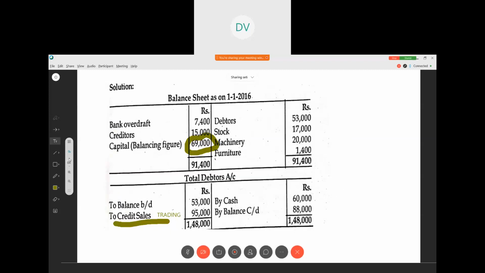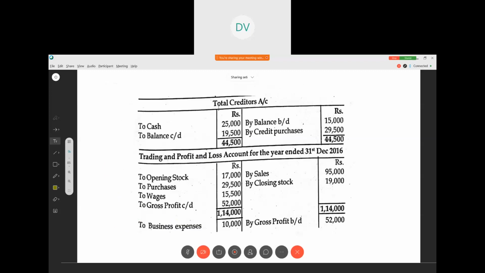So we have prepared opening balance sheet, total debtors, total creditors account. So total creditors account always shows credit balance by balance brought down. So by balance brought down here 15,000. This you know, right? Opening balance of creditors. Look at the opening balance sheet. You'll come to know this. Then cash.